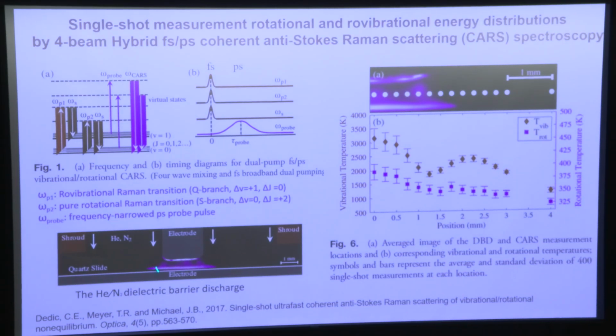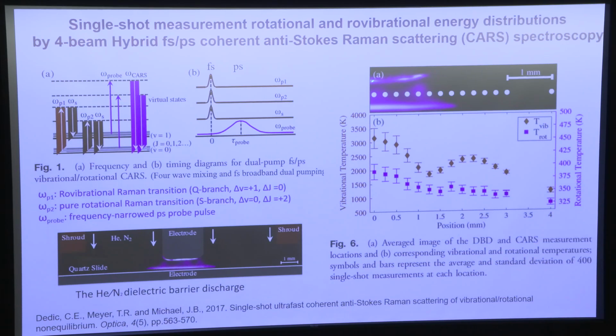Recently, in 2017, a group led by Joe Michael, who graduated from Princeton and was a professor at, I don't know which university, published a paper using 4 beams. They have a pump beam to excite the vibrational state, another pump beam targeting the rotational state, and a probe beam to generate the CARS signal. This 4-beam diagnostic can simultaneously detect the vibrational state and the rotational state.